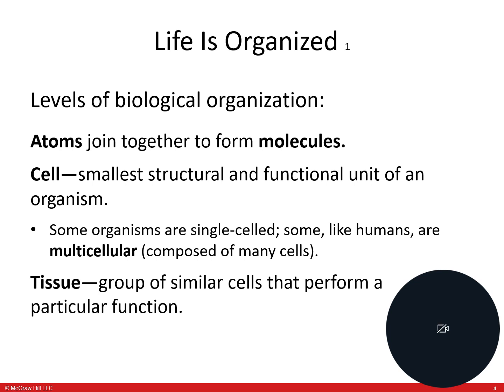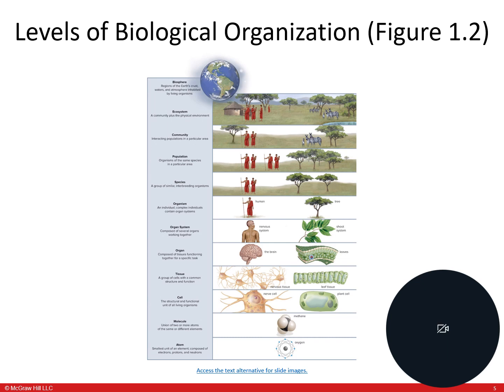Now, when cells get together to form a group that functions for a like purpose, they form the next highest rung in the ladder, which are tissues. And there are 4 kinds of tissue in the human body. Those 4 kinds of tissue are going to be things like muscle, and of course, skin, your integumentary system, as it's called, your epithelial tissue, and your nervous tissue, which is found in your brain and spinal cord, and connective tissue.